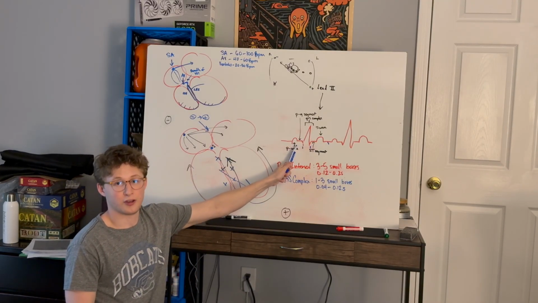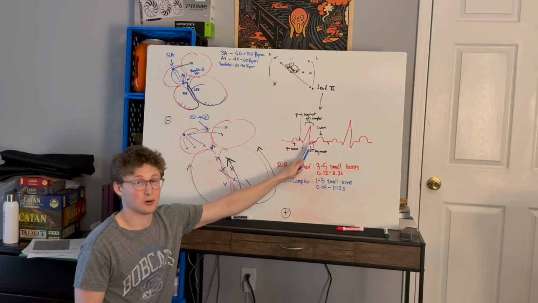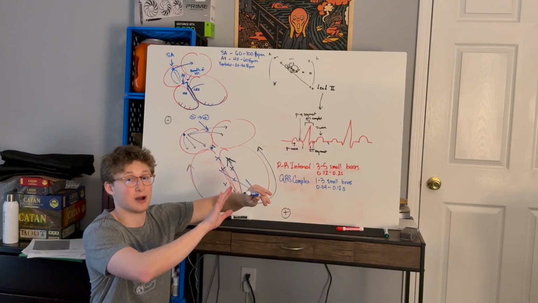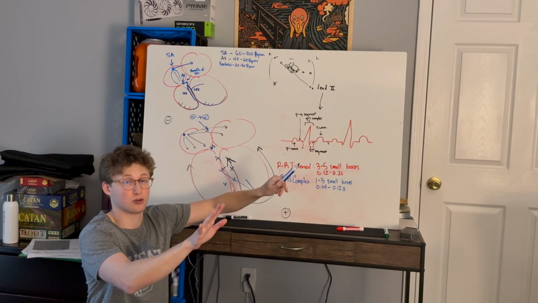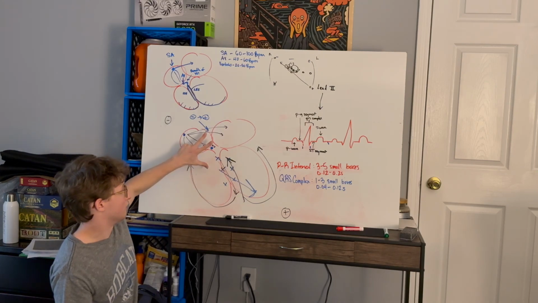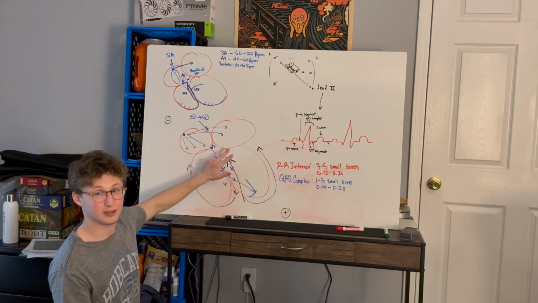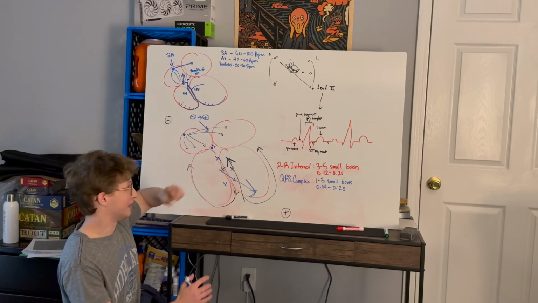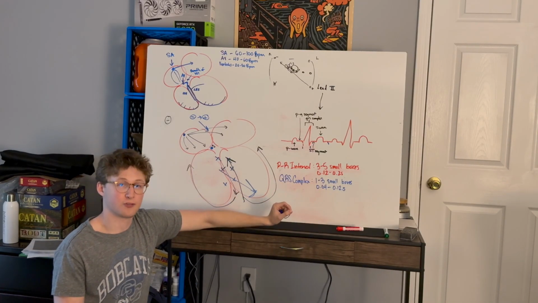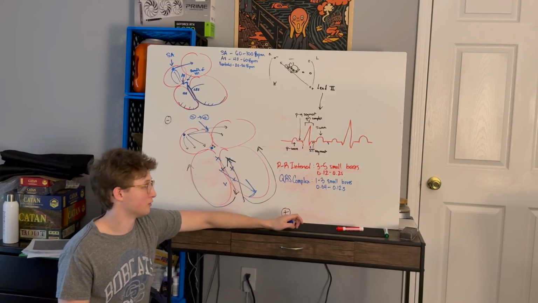Start of depolarization, end of depolarization, return to isoelectric or baseline when we now have no change in the heart electrical activity. So, again, signal going through the ventricles, causing them all to depolarize completely. That is what we're measuring here. 1 to 3 small boxes, 0.04 to 0.12 seconds.